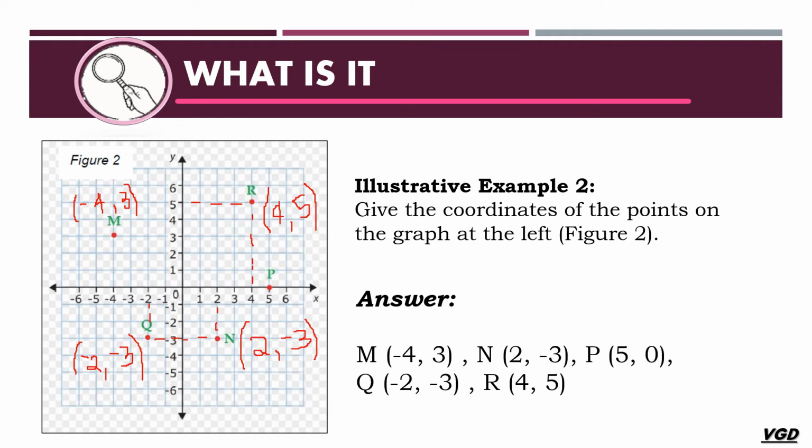Therefore, there is no y value. So the coordinates for point P are 5 and 0. So that's why here we got point P as 5, 0, and Q as -2 and -3, and point R as positive 4 and 5.